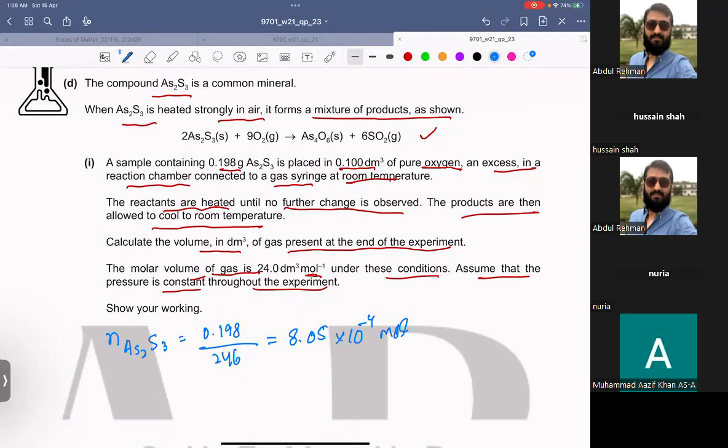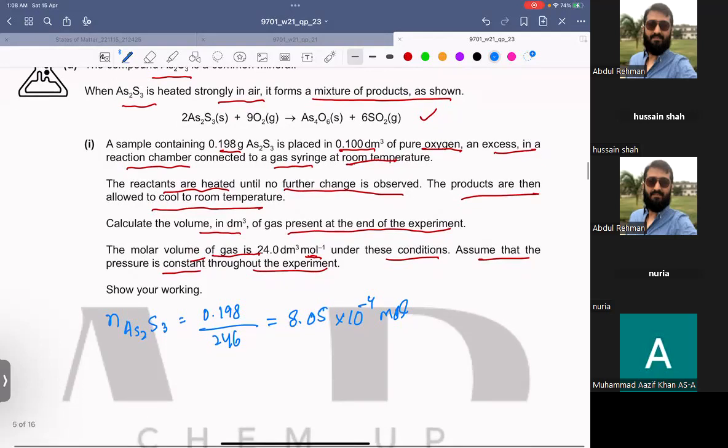So here we got the moles of As2S3. Now find the moles of oxygen.